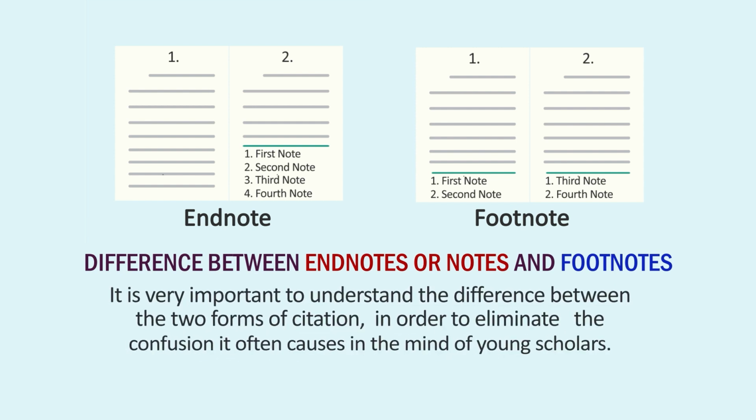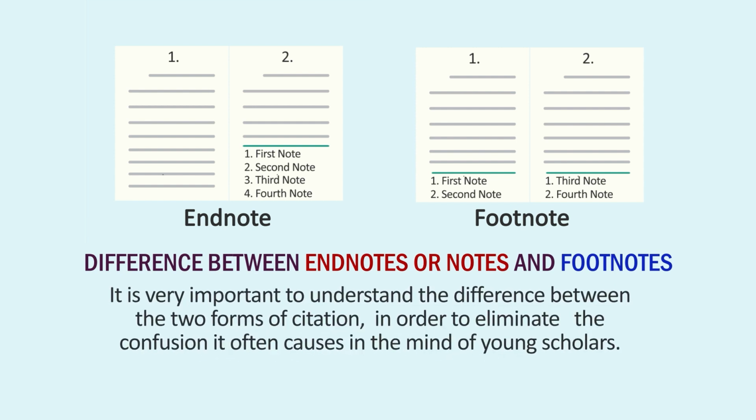It is very important to understand the difference between the two forms of citation in order to eliminate the confusion that it often causes in the mind of young scholars.